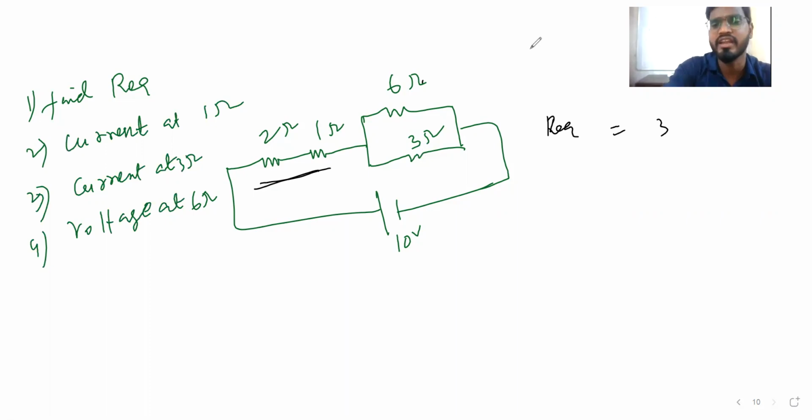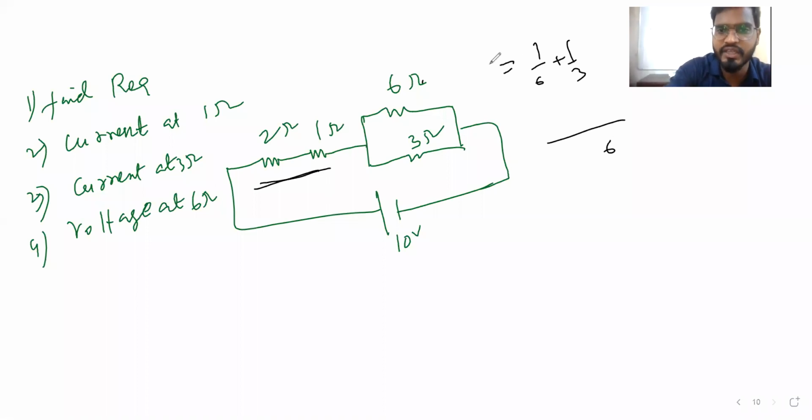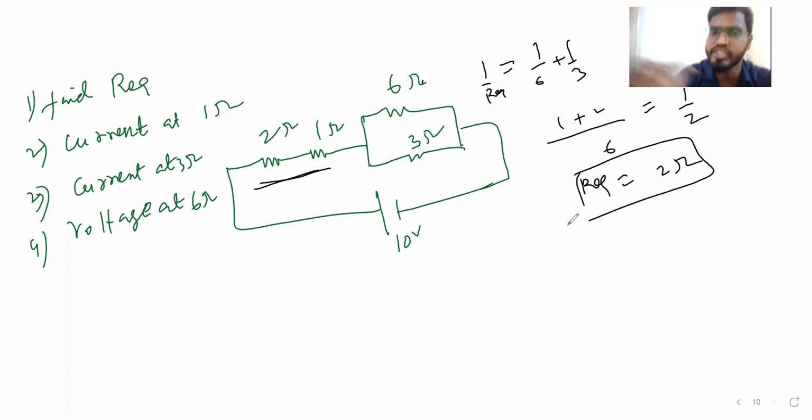So 1 by 6 plus 1 by 3. 6 is the LCM, so 1 by R equivalent is 1 by 6 plus 1 by 3, which gives 1 by 2. So R equivalent is 2 ohm.